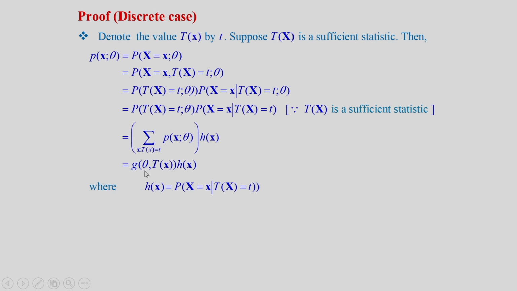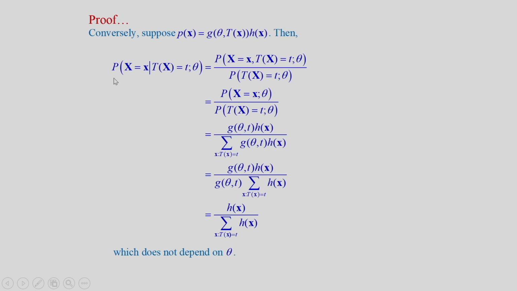So, that way we have established that this joint PMF is a product of g and h, where g is a function of theta and T(X), and h is a function of x only, and it is given by this probability of X is equal to small x given that T(X) is equal to t. So, we have proved this part, and now let us see the converse part.